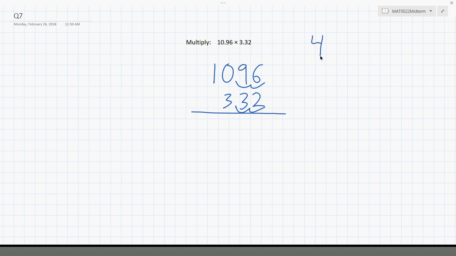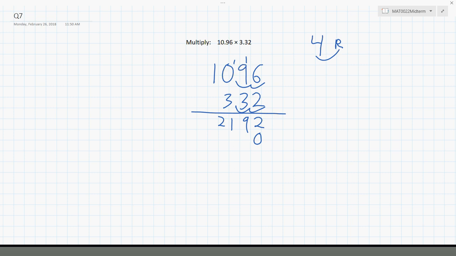So I moved 4 decimal places to the right just to make them whole numbers, okay? So I'm going to go 2 times 6 is 12. I'll put 2 there, put 1 up here. 2 times 9 is 18, add 1, so it's going to be 19. Add that down there, put the 1 up there. 2 times 0 is 0, but there's a 1 carried, and that's 1. That's going to be our first number. Put a 0 there.